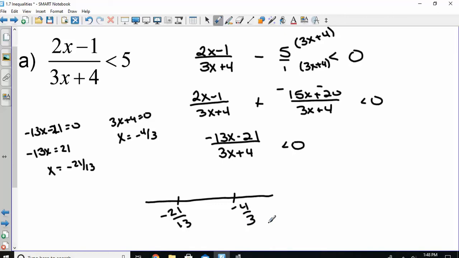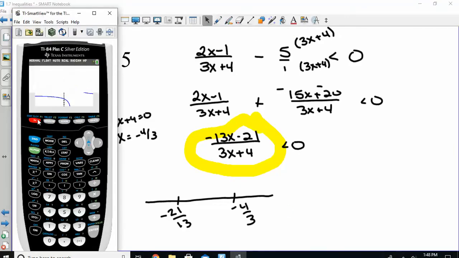So then we graph, and we are graphing this final inequality that we had, our final fraction.